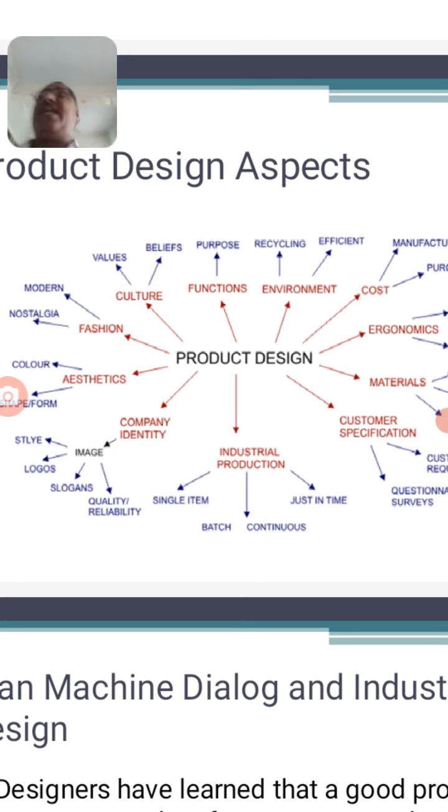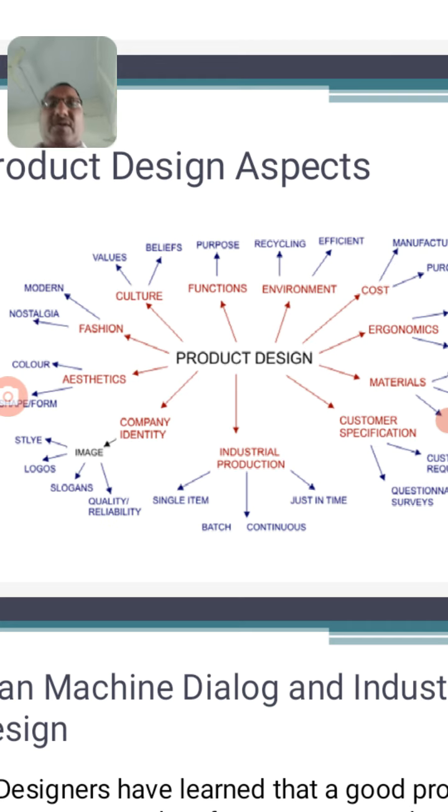Suppose you are going to design a particular product, you are going to start your product. What should be the design aspect? On which basis you are going to finalize the design, finalize the product, that we will learn. Suppose you are going to start with a bicycle or two-wheeler product.